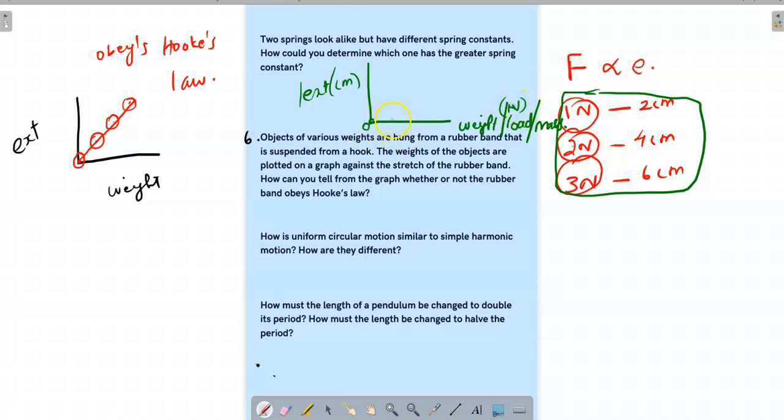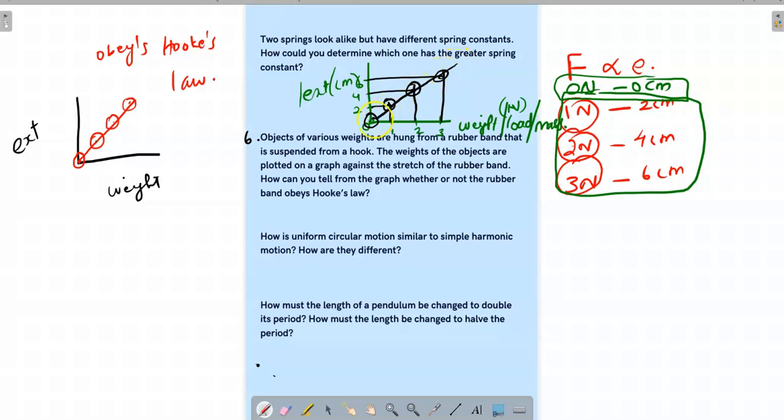It starts from 0, 1 Newton, 2 Newton, 3 Newton, and here you can write 2 centimeter, 4 centimeter, 6 centimeter. So when there is no force, there is no extension: 0 Newton, 0 centimeter. So the graph starts from the origin, and 1 Newton, 2 centimeter. Here is a point, 2 Newton, 4 centimeter, and 3 Newton, 6 centimeter.